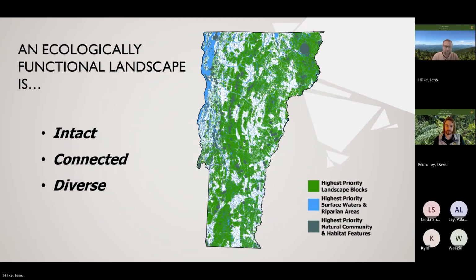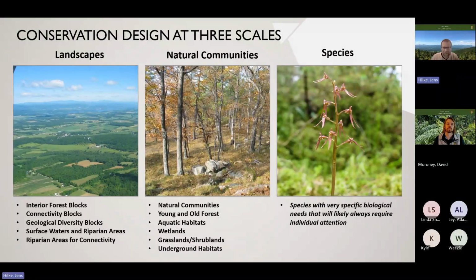Now, the design was built at 3 different nested scales. And when you first open Vermont Conservation Design, you see the landscape scale, that dark green, light green, that's the big picture pattern. And this includes components that I've mentioned before, and I'll get into in the next section in a little bit more detail: interior forest, connectivity, geological diversity, surface waters.